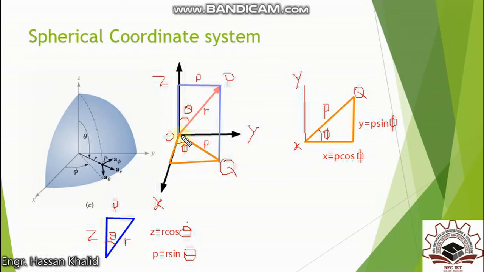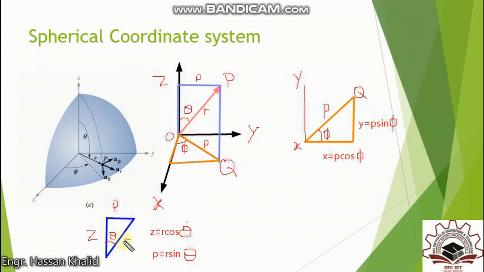The length from O to Q is rho, and this is the same as that of Z to P; both have the same length rho. Now if I solve this triangle for x and y, I get x equals rho cos phi and y equals rho sine phi.